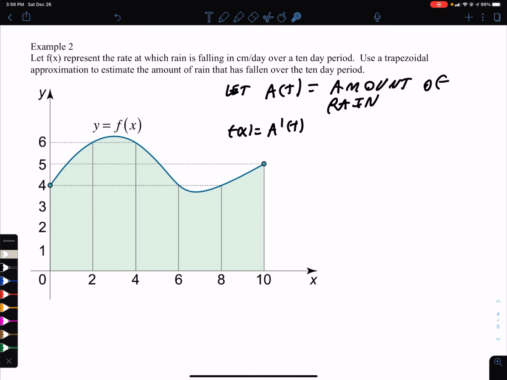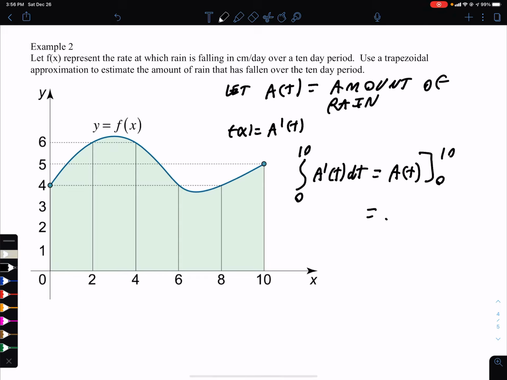So let me show you why this works. And this is a very important concept, fundamental theorem of calculus. If I go from 0 to 10 of A prime of t dt, the antiderivative of A prime is just A of t, and that's going to be A of 10 minus A of 0. Now, look, what is this?